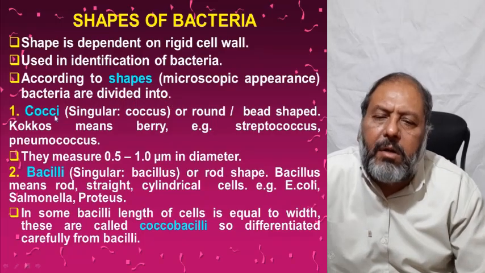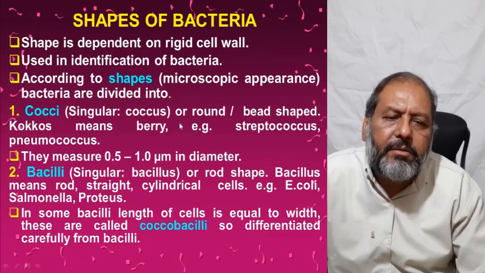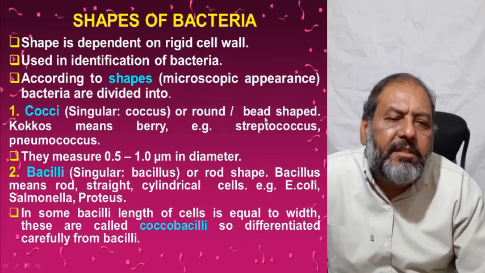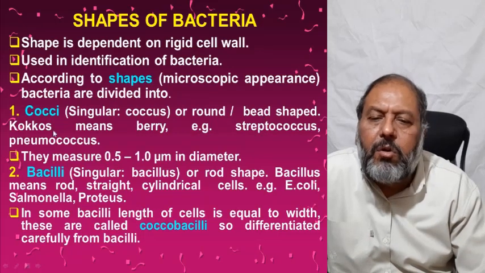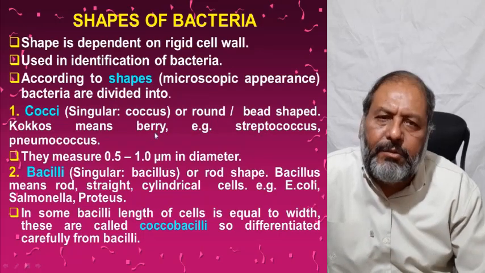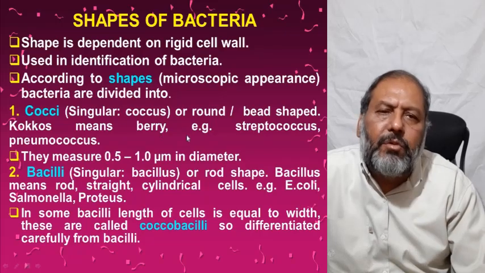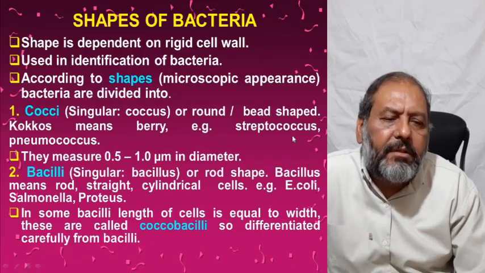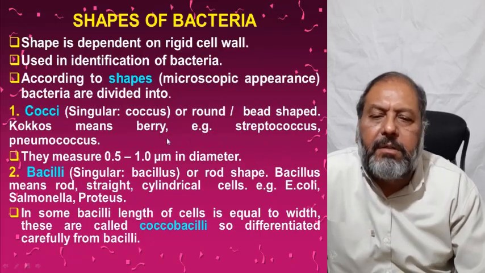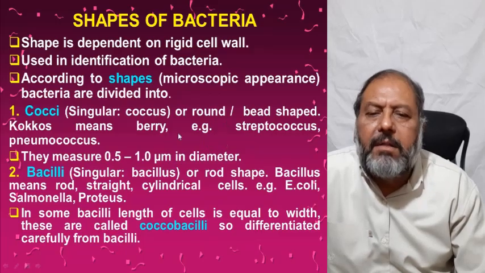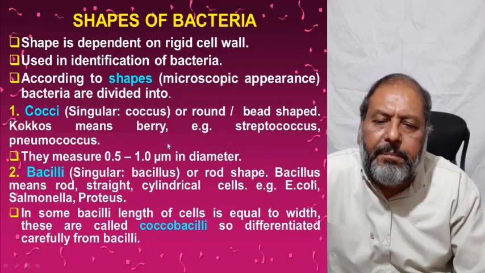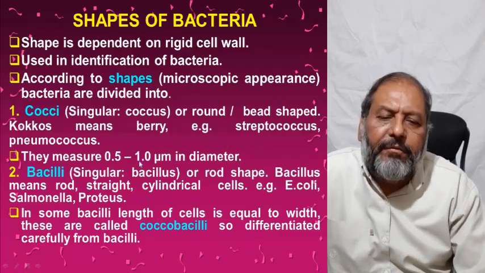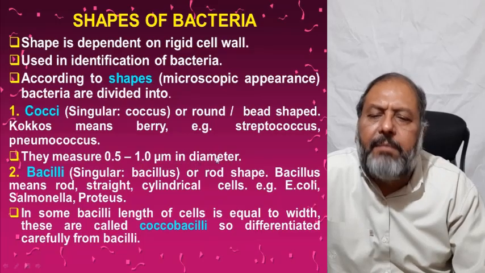These are cocci, singular coccus, or round. This is bead shaped. Coccus means berry, as you have seen the berry. This is usually round in shape, like Streptococcus and Pneumococcus. These are all cocci and round in shape. They measure 0.5 to 1 micrometer in diameter.